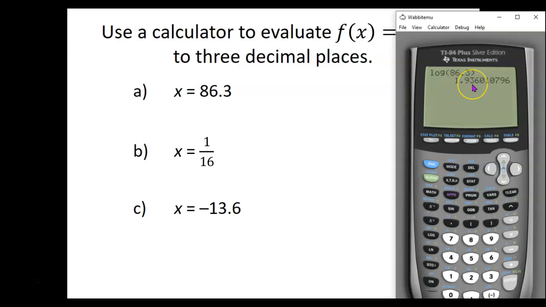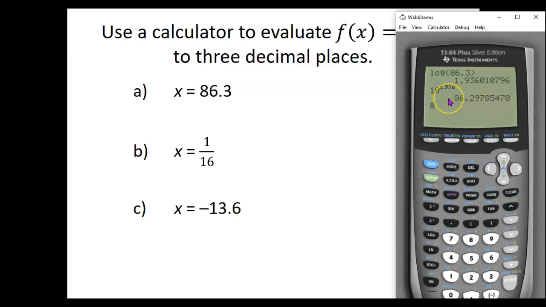So that's the power that you would have to raise 10 to end up with 86.3. 10 to the 1.936 power is, well, it didn't come out as exactly 86.3 because it's not exactly 1.936. It's 1.936 with a bunch more digits after it, but pretty close.